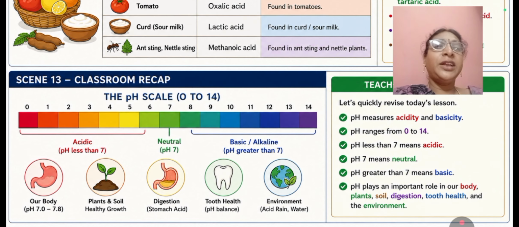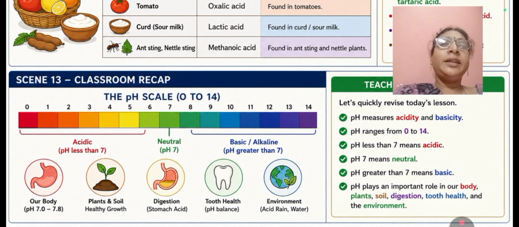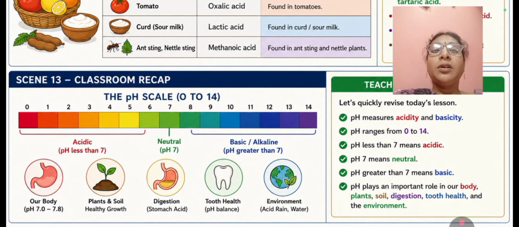The pH scale has values from 0 to 14. In our body, pH is between 7 and 7.8. For healthy growth of plants and soil, the pH is less than 7. So if the soil pH is less than 7, it is good for growing healthy plants.